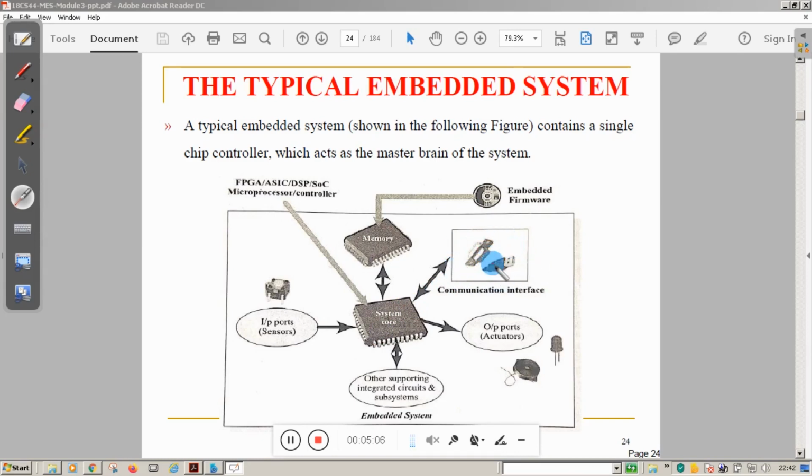This includes USB communication, TCP/IP communication, Wi-Fi, and wireless communication such as Bluetooth, Zigbee, etc. We also have other supporting integrated circuits, for example a brownout circuit, which is used to reset the embedded system when the input or output voltage goes below a certain threshold value. So these are the various functional parts of the embedded system.